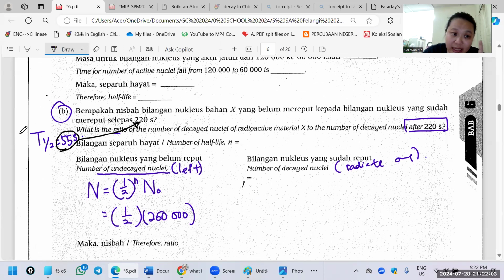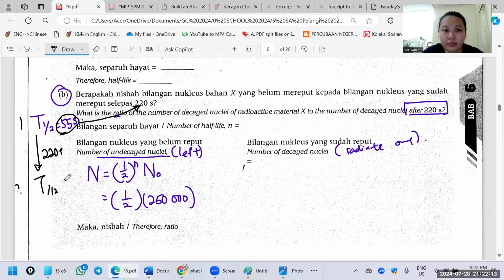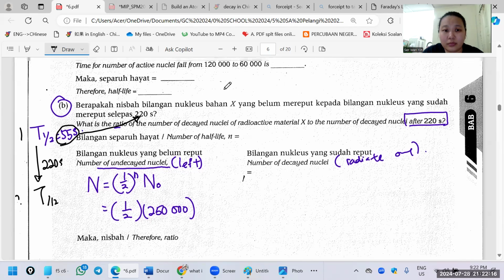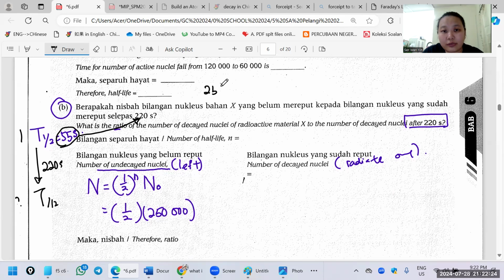Okay, so now 55 seconds means after one half-life. After 220 seconds, got how many half-lives? If you have no idea, do this like 250,000. I use arrow to show one half-life. One half-life 55 seconds. Two half-lives would be 110 seconds.